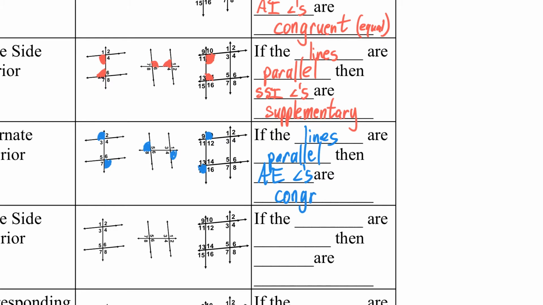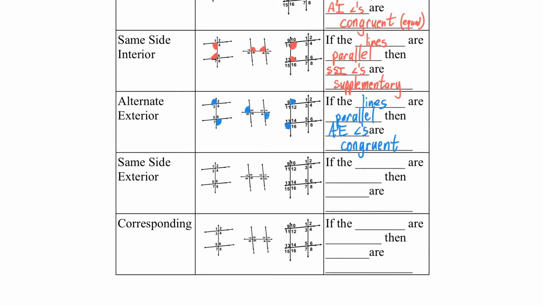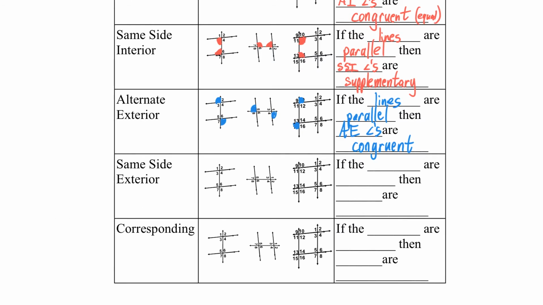They are congruent. Yep. Okay, so what I want you to do now is go ahead and fill out those last two real quick for same side exterior and for corresponding.